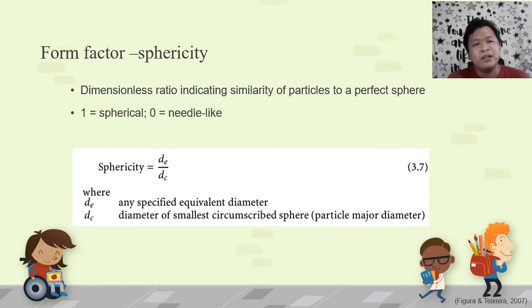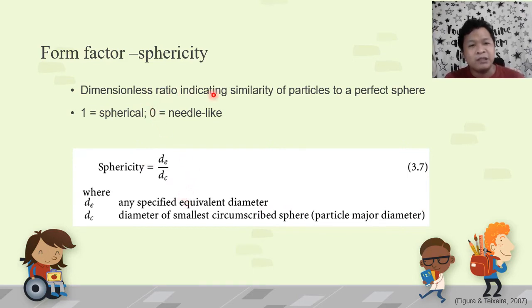So para i-relate yung isang particle dun sa equivalent diameter niya kung gaano siya ka-close, we have what we call this form factor measurement, sphericity, no? So this is how close to a sphere that particle is, no? Kasi regardless of what equivalent diameter we use, so pwede nating kunin yung pinakamaliit na diameter ng sphere na kayang kainin yung particle na yon, and then we get that ratio.